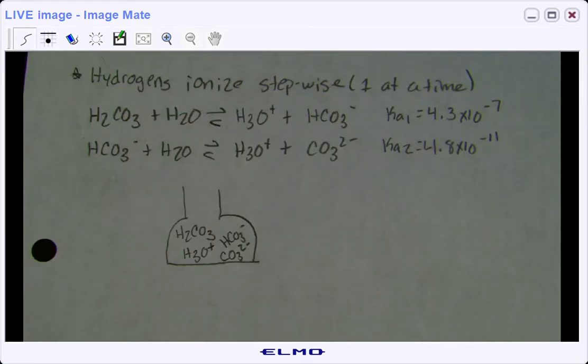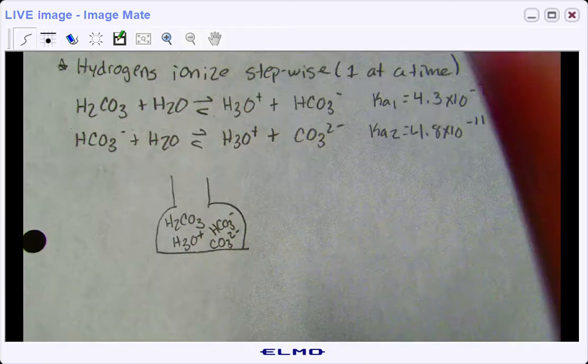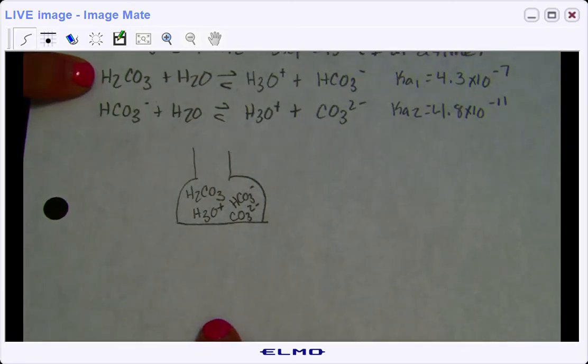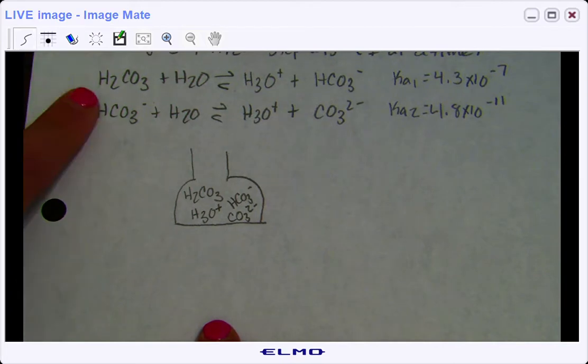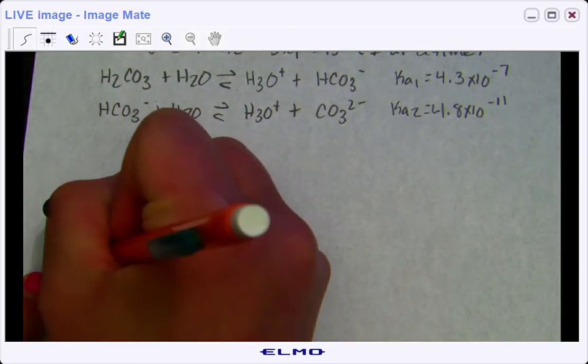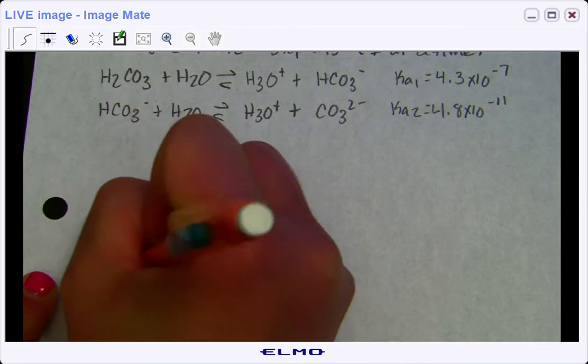If we were to look at it in terms of relative concentration, because our carbonic acid is a weak acid, we will find mostly carbonic acid in our solution.